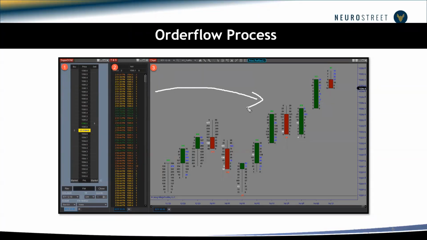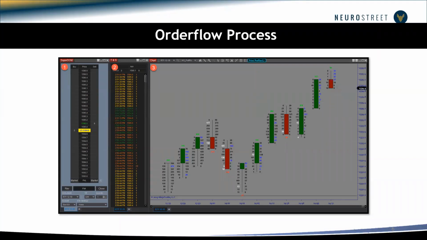And then we assign the order flow to either the left or the right side of a price bar. And there's a reason for that, because we need to understand who's buying and who's selling, right? Who's buying and who's selling, and at what quantities, and what type of an impact could that have over price direction and trade location.